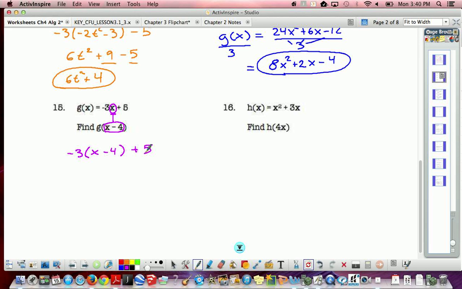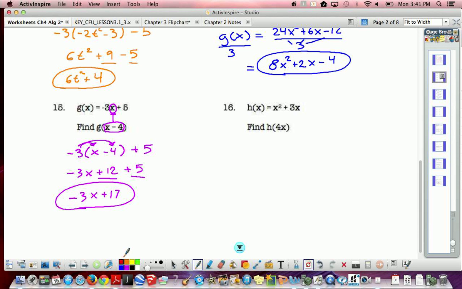So now I want to distribute. I have negative 3x plus 12, since negative 3 times negative 4 is 12. And I still have this plus 5. Combine like terms. So negative 3x, 12 and 5 make 17. I have my function.